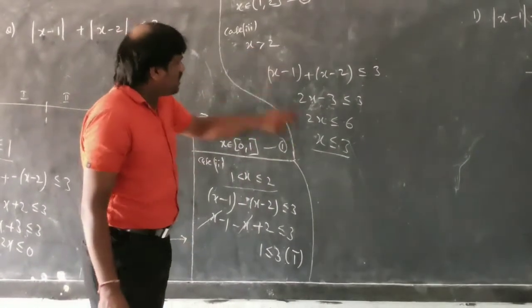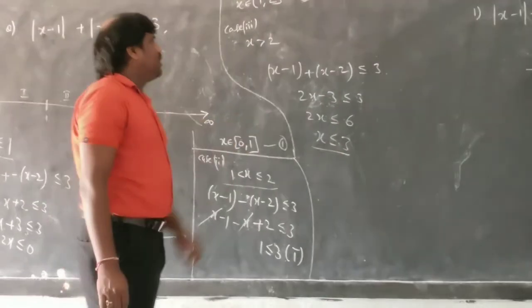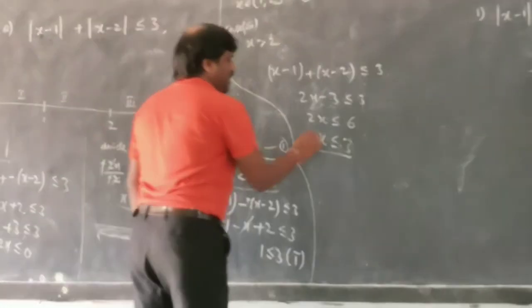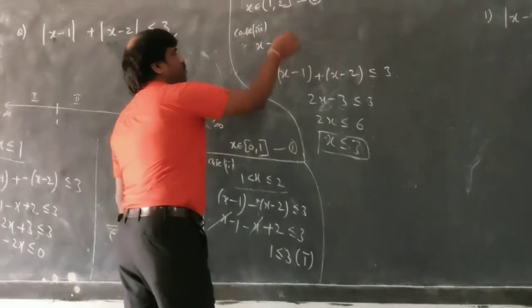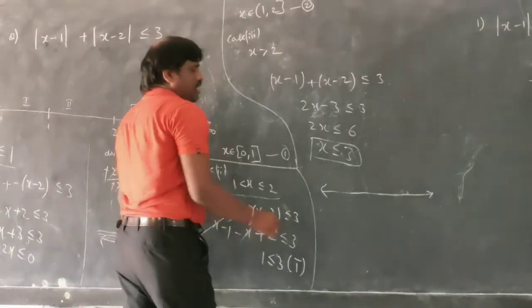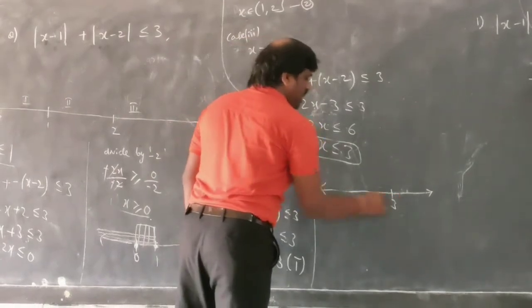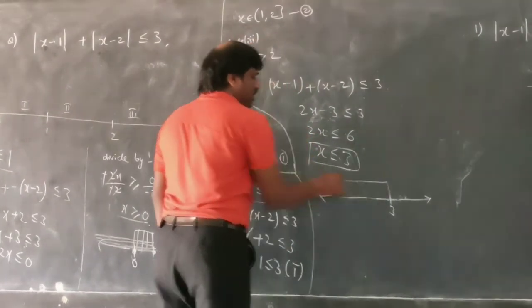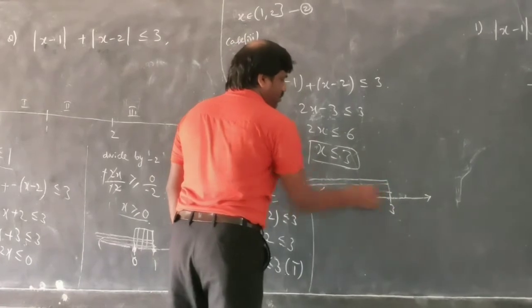See here, this is the intersection. What is the common point for both? Here it says x less than or equal to 3, so all answers up to 3.